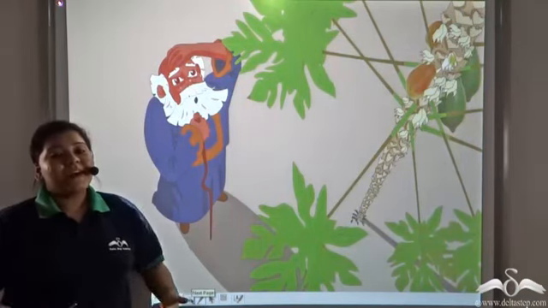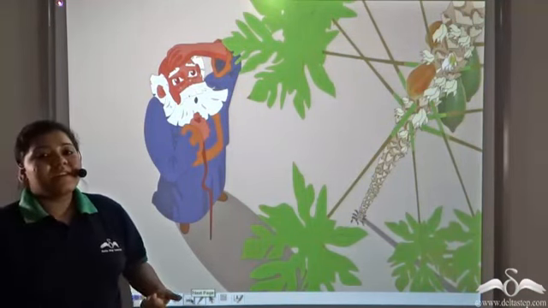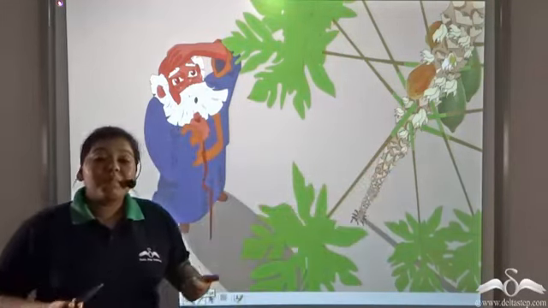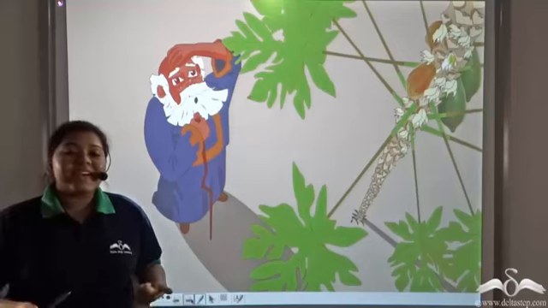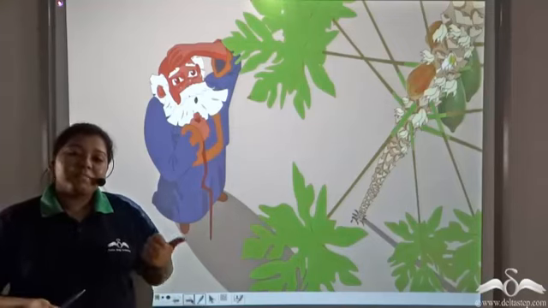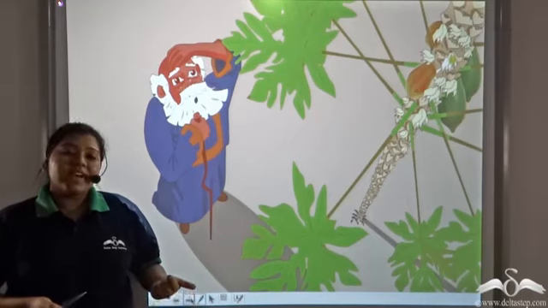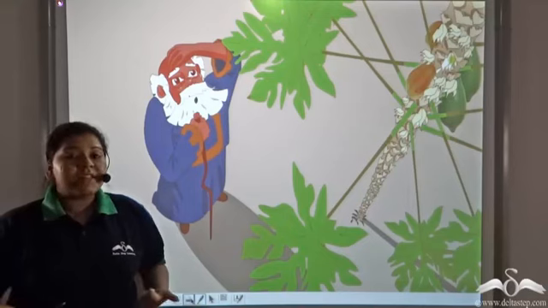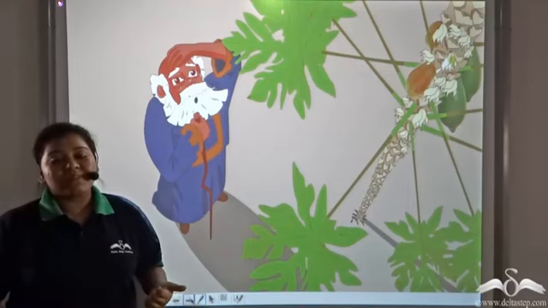Now we know why there were no papayas that grew on this tree. Because papaya is a unisexual plant. That is, it either has the male reproductive parts or the female reproductive parts. So self-pollination is not at all possible.